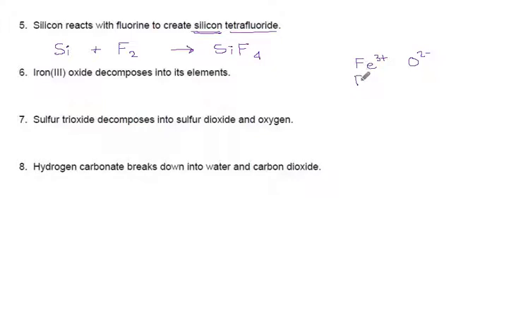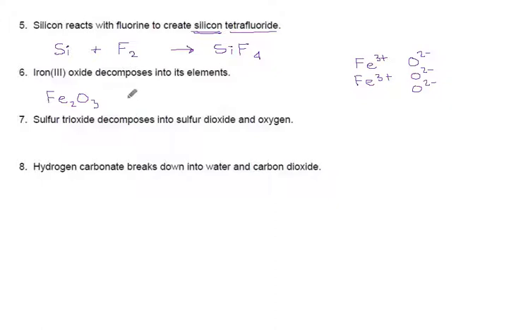We're going to need 2 irons. That'll give us +6 charge from the iron. And if we have 3 oxide ions, that'll give us -6 there. So +6, -6, we're good. That means our formula is Fe2O3. That's iron 3 oxide.